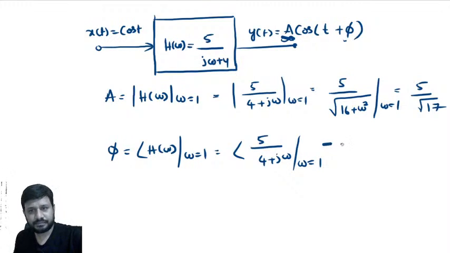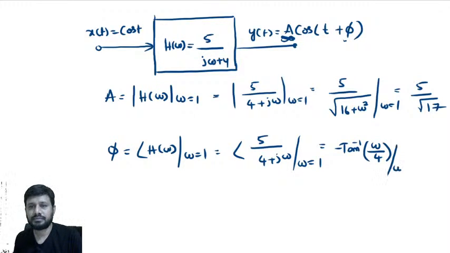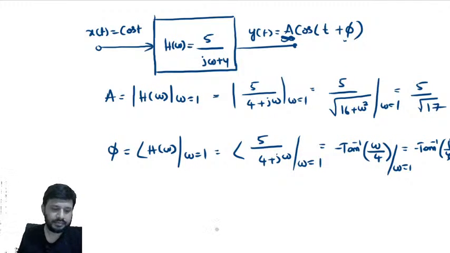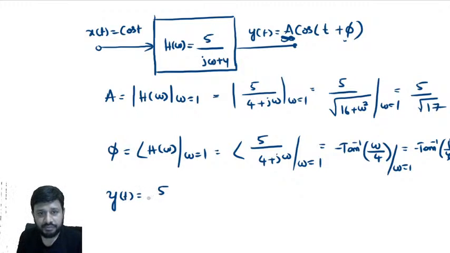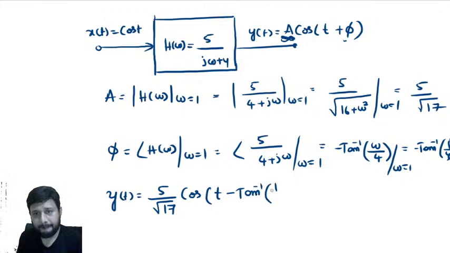This is the phase of 5 by 4 plus j omega, which is minus tan inverse of omega by 4, that is minus tan inverse of 1 by 4. Now substitute the A value and alpha value here. y of t is equal to 5 by root 17 cos of t minus tan inverse of 1 by 4. This is all.